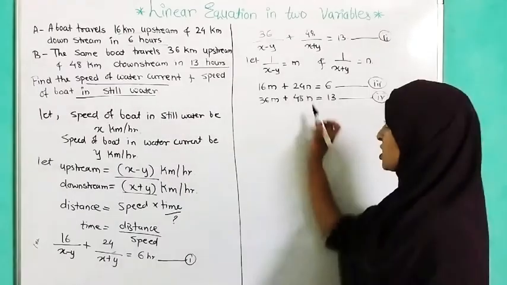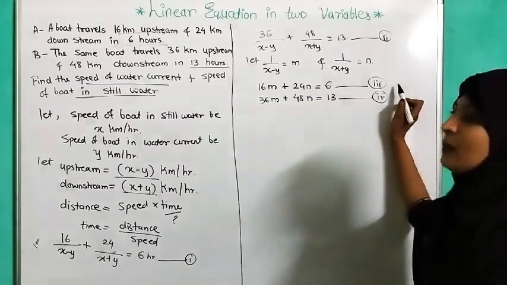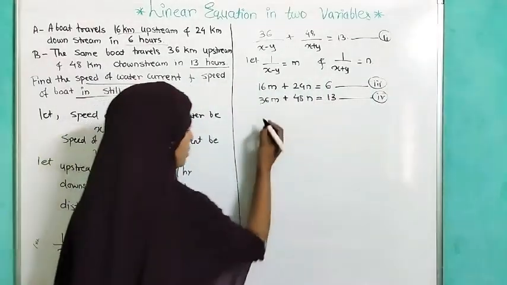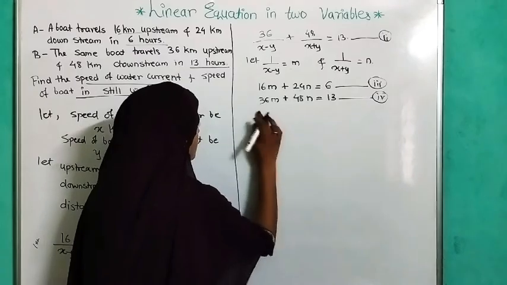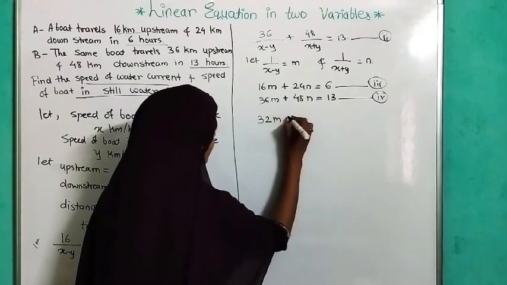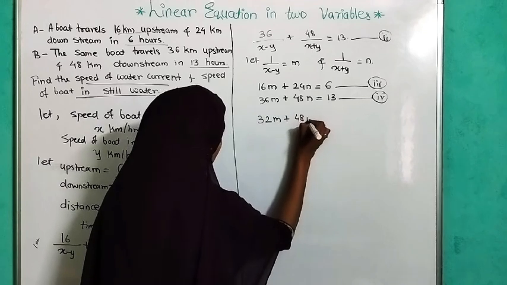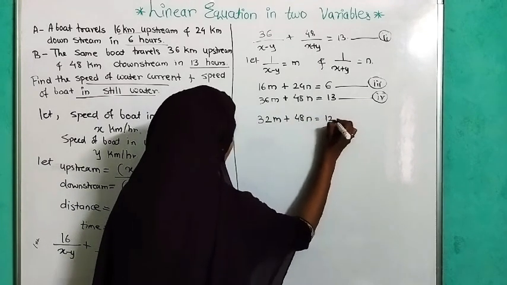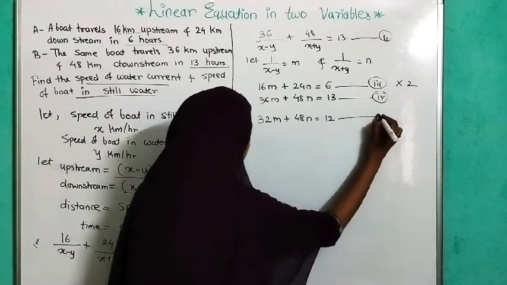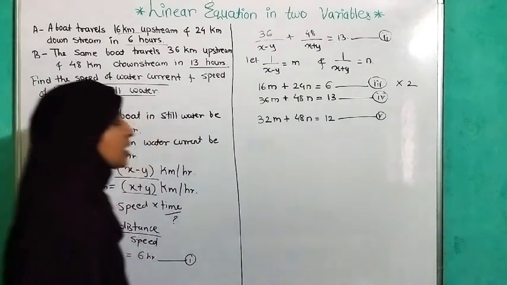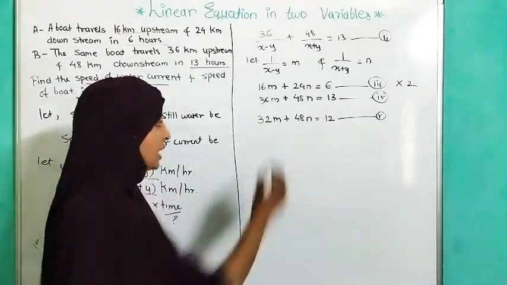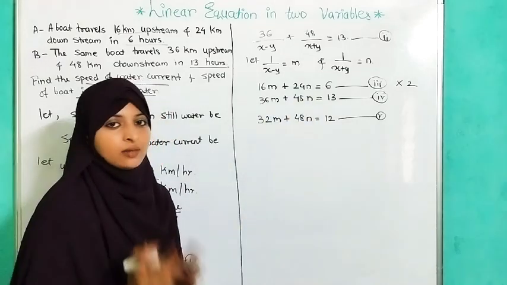So we are going to multiply equation number 3 by 2, which gives 48 over here. 16 ones are 16, 16 twos are 32m plus 48n is equal to 12. This is equation number 5.